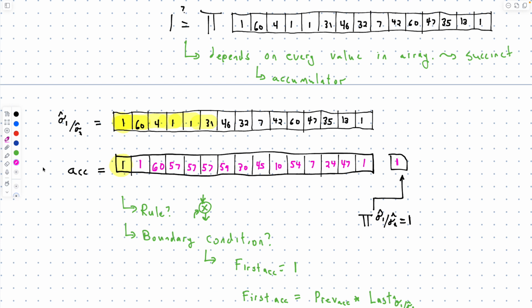All right, so first I'm just going to draw in what's going on. I'm taking this value here. What is it? Well, this value is going to be the product of this value and all the values before it.